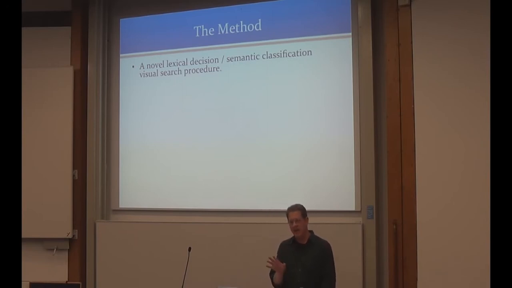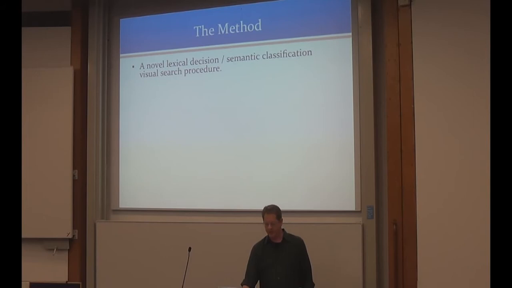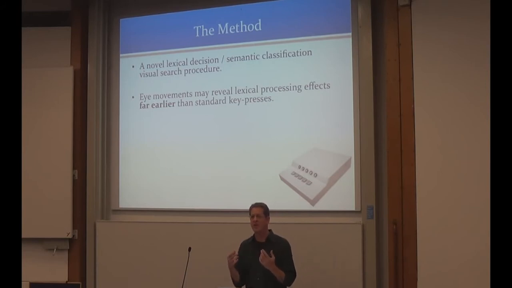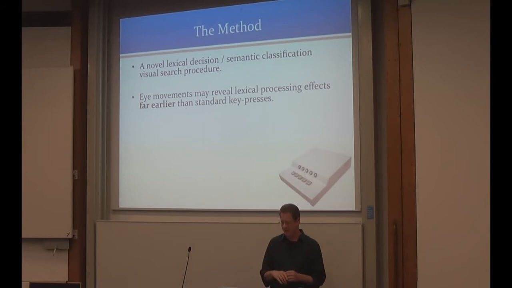We just let people behave. But we did it using a weird visual search type of procedure. The idea being that eye movements might reveal that a person is using voice information really early, whereas something like a button press, which is a rather late arriving measure, may mask that finding.